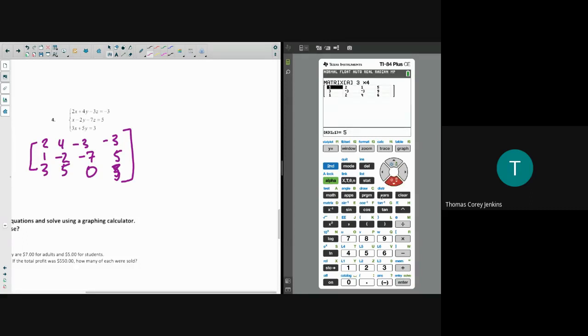So 2, 4, -3, -3. Next one, 1, -2, -7, 5. And then our last row, 3, 5, 0, 3.